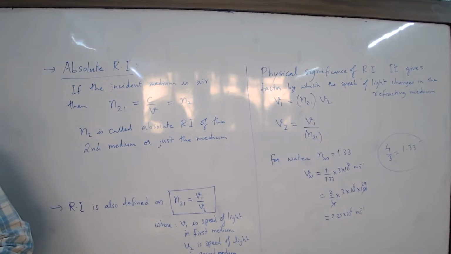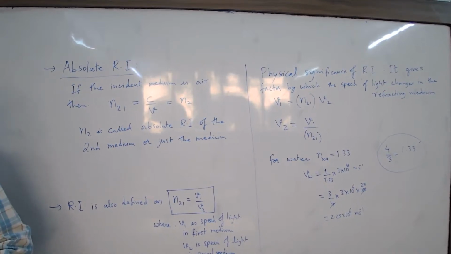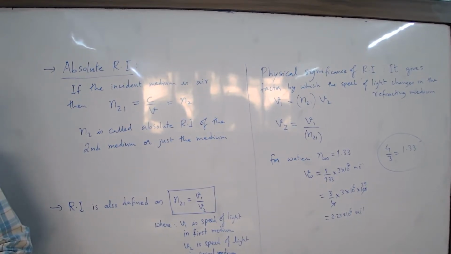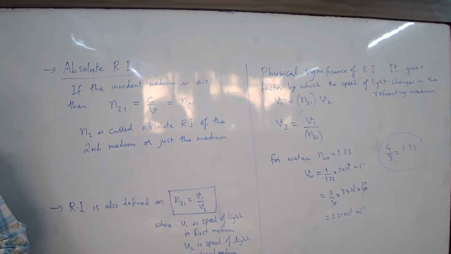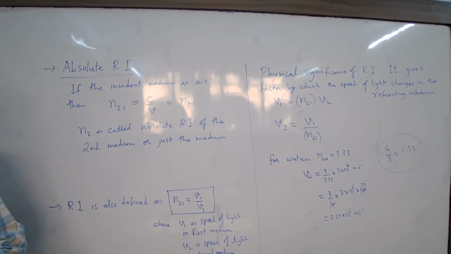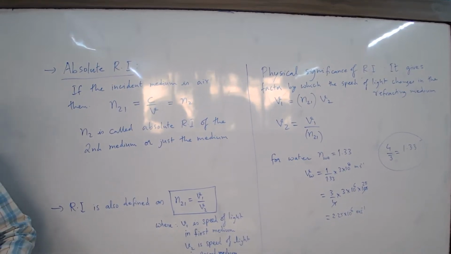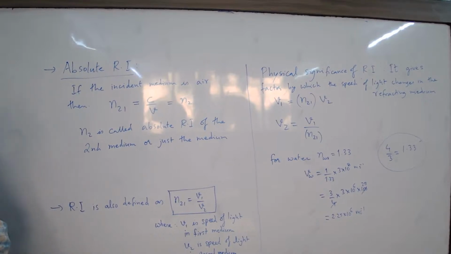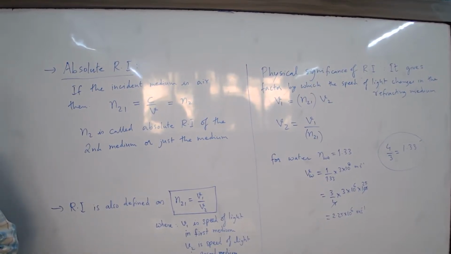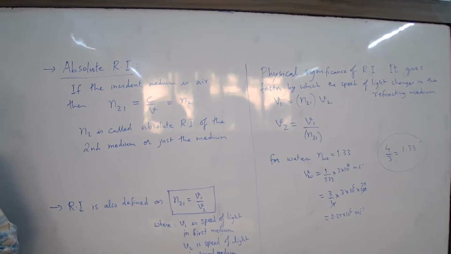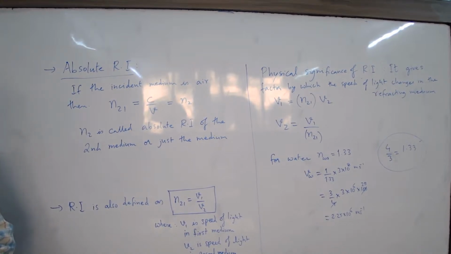So all these values are refractive index of the listed medium written on the left. So these are all absolute refractive indexes. Got it? Now you have to understand whenever the refractive index of the substance is given, and if the incident medium is not mentioned, then it has to be with respect to air. And it is absolute refractive index only.